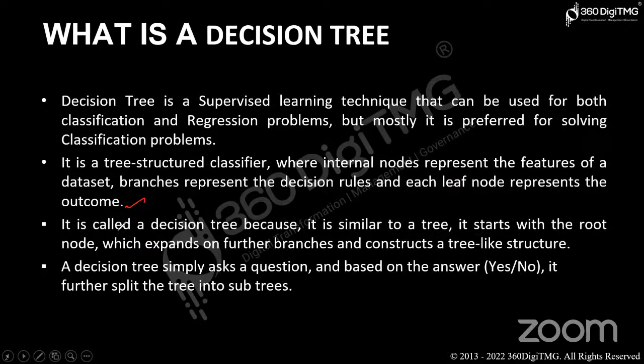It starts with the root node, as I was telling you, here we are starting with the root, which expands into branches, and then you have your leaf. A decision tree simply asks a question, and based on the answer, yes or no, it further splits the tree into subtrees.